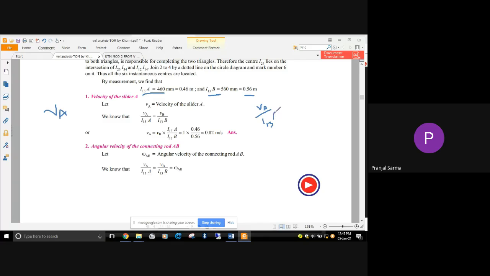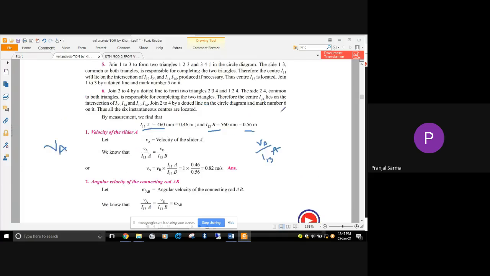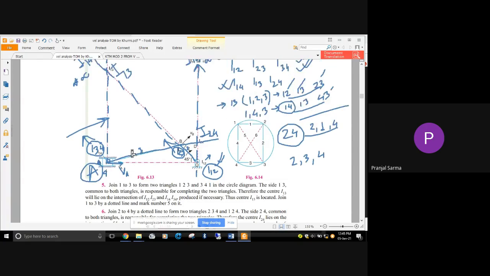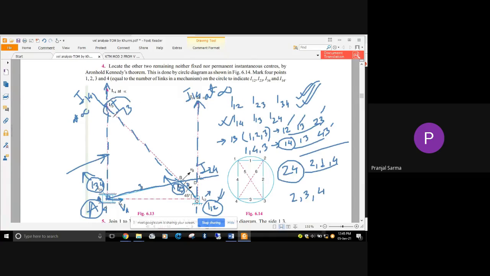I13, this instantaneous center, is associated with point A. The slider was given as A, and this I13 is directly associated with this slider. So this length is I13A, which we have measured.